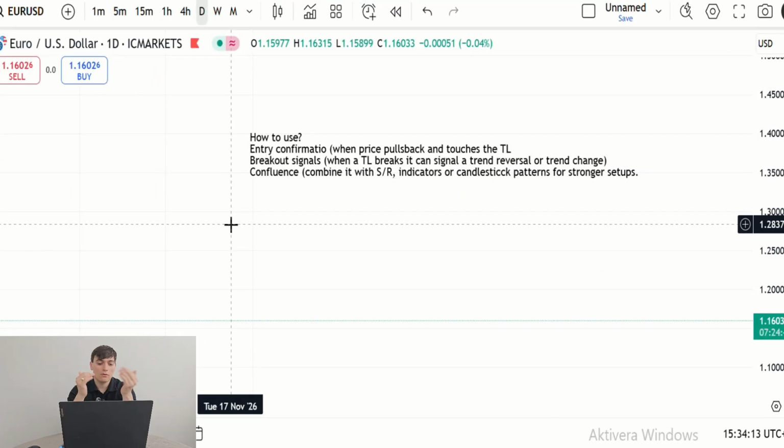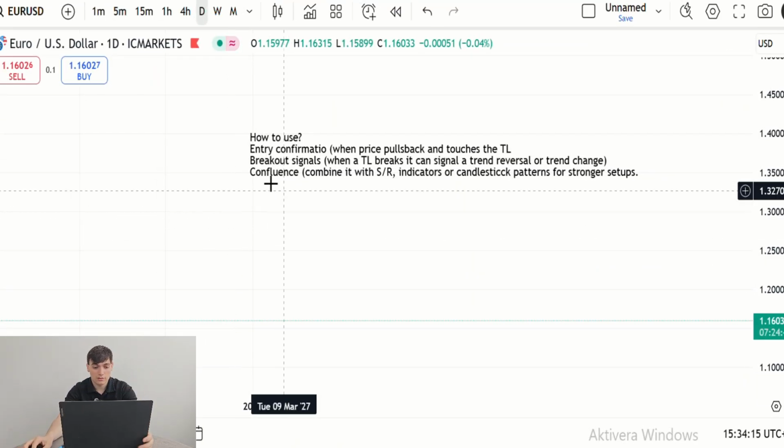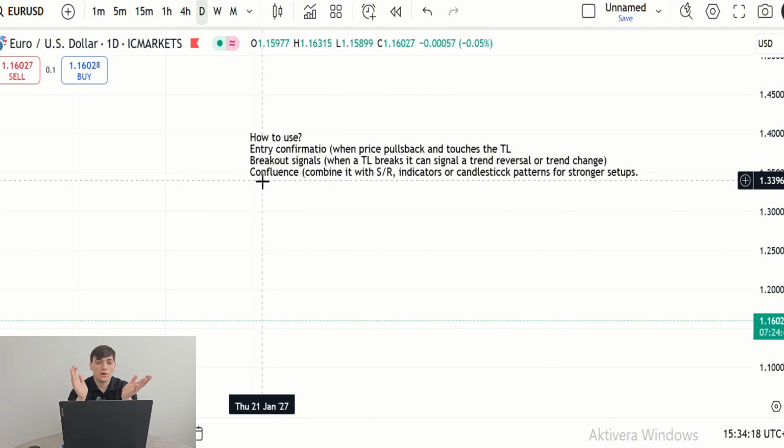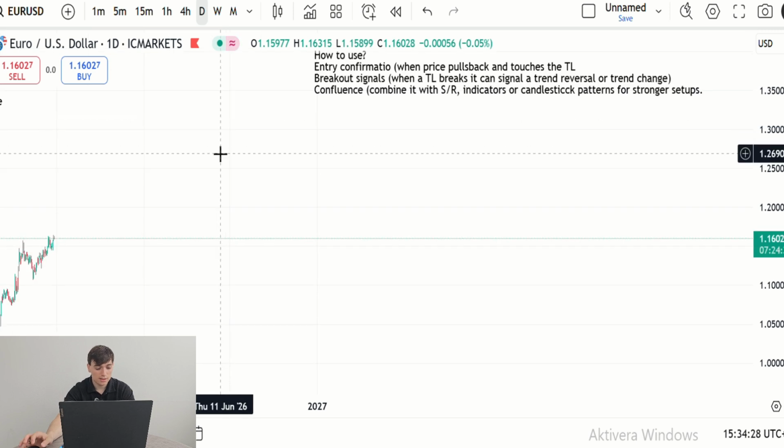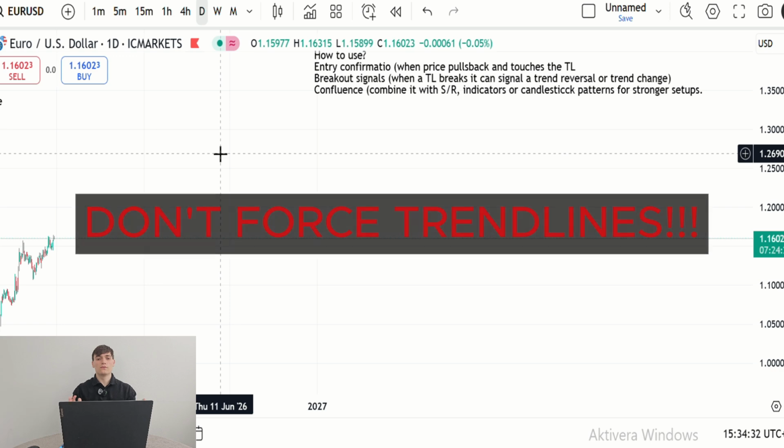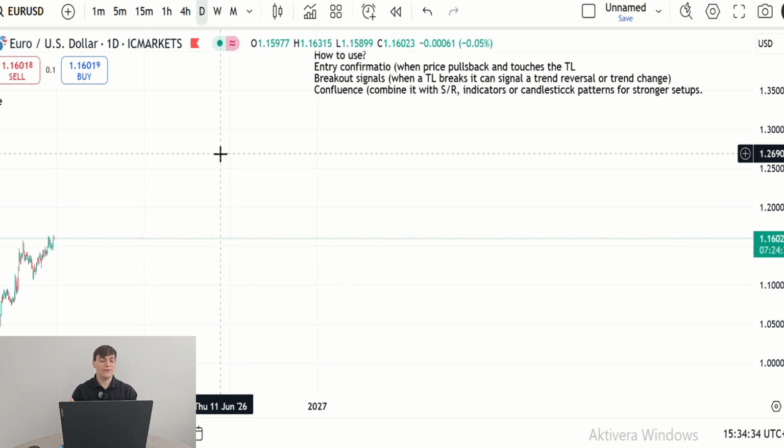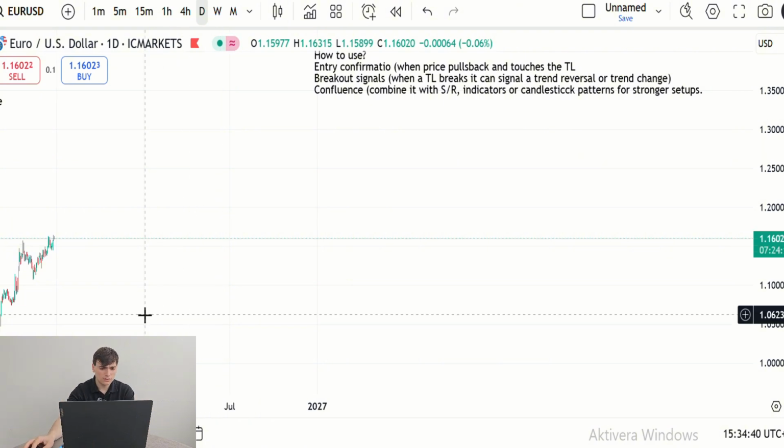Okay, like I said before, trend lines are also used for confluence, and people like to combine them with support and resistance, indicators, and candlestick patterns for stronger setups, and that's it. Okay, that's pretty much it. One last thing I'm going to say: don't force trend lines, okay? If it's not clear, if there are no clear highs and lows, don't use trend lines.